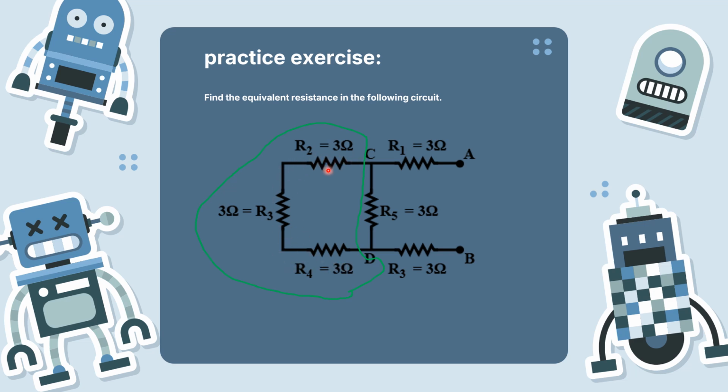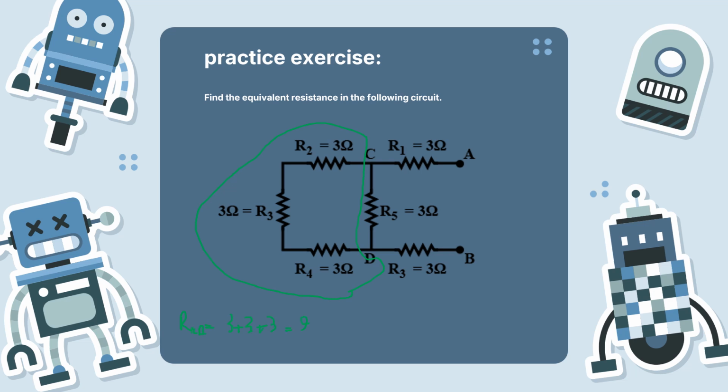So we just need to add them simply together. I name them R equivalent C and D. Okay, so 3 plus 3 plus 3 is 9.